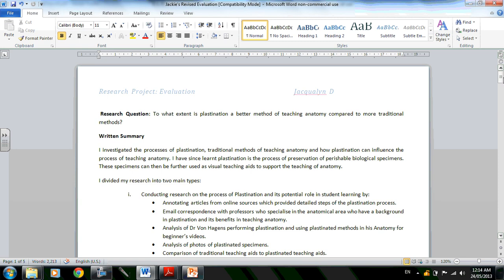He used dead bodies and injected polyurethane into them, and he preserved the dead bodies. It's a kind of mummifying.